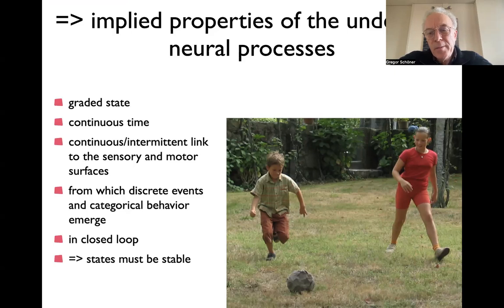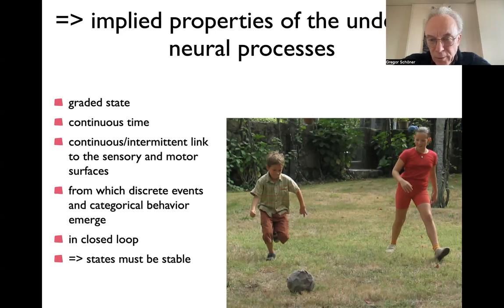The other main point of this observation that cognition manifests itself in daily life behavior in the wild was this idea that the properties that come from this sensorimotor grounding of cognition are properties of all cognitive processes.